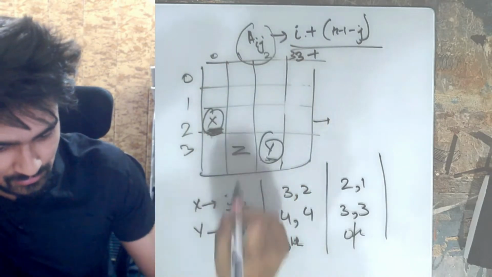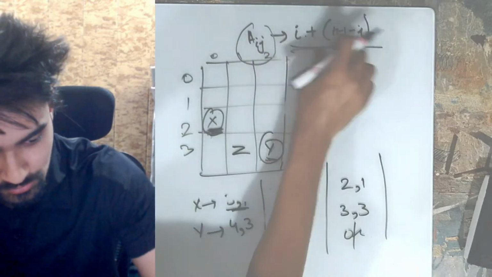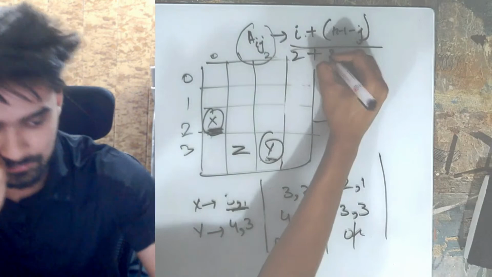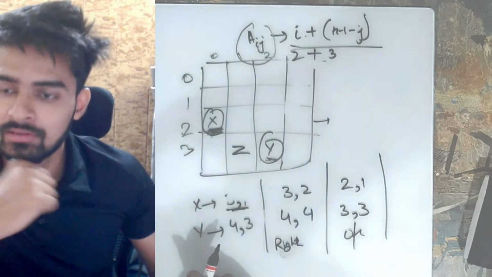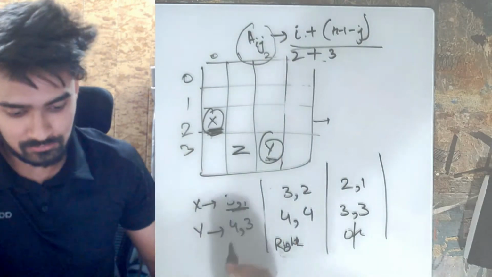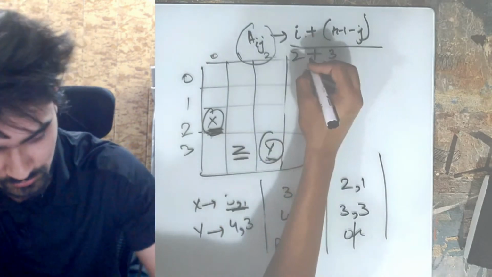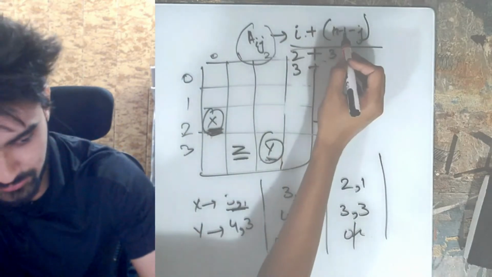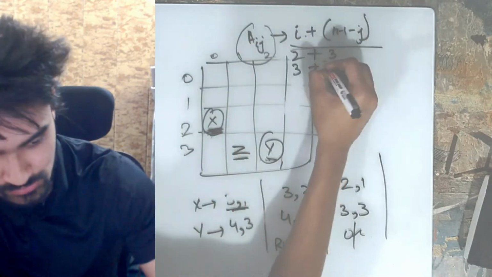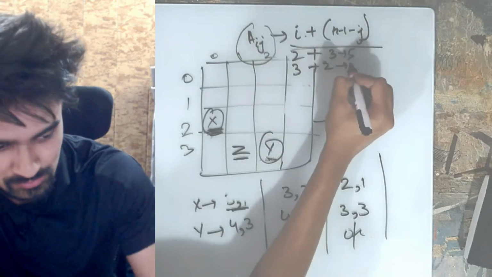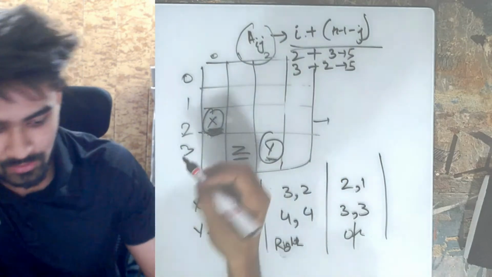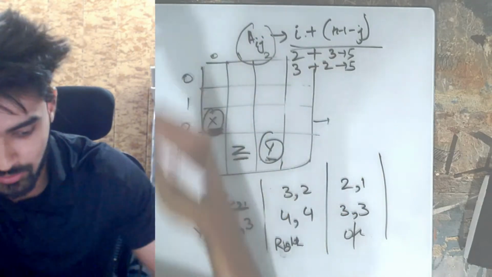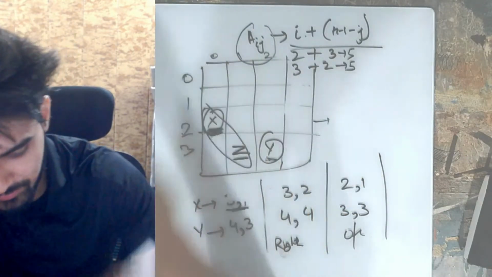So my x is at 2 comma 0, so I have 2 plus n minus 1 is 3, minus 0 is 5. And for this one, i is 3, n minus 1 is 3 and j is 1, so 3 minus 1 is 2, so 5. So this is also 5 and this is also 5, which means that no matter if I move these to the right side, left side, upwards or downwards, these two will always be on the same diagonal.